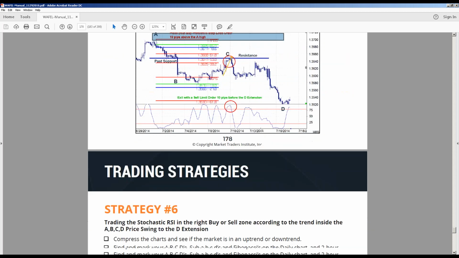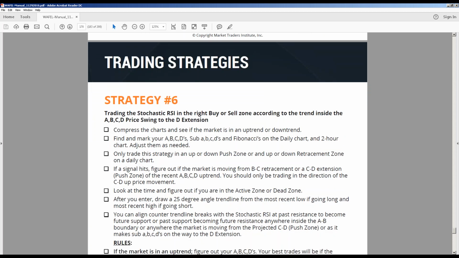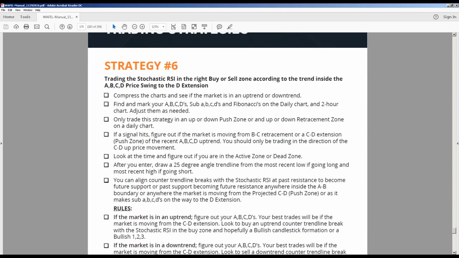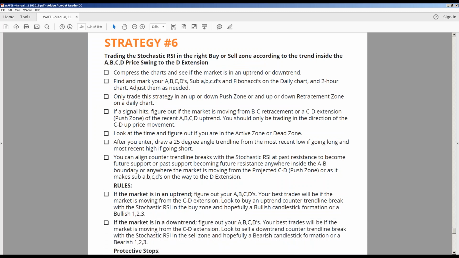Okay, fantastic. Right, here's the nitty-gritty of trading strategy number 6. Once again, it's about trading the stochastic RSI in the right buy or sell zone according to the trend inside the ABCD price swing to the D extension. The first step is to compress the charts to see if the market is in an uptrend or a downtrend.